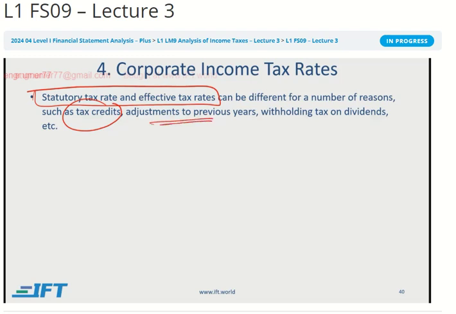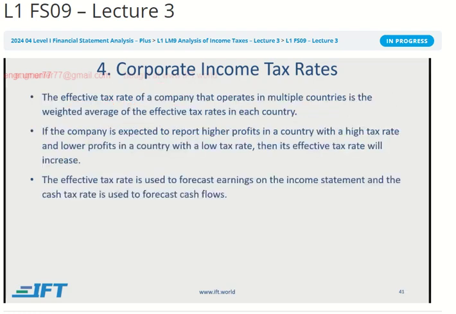Any kind of adjustments from previous years or withholding tax on dividends, etc., will also impact the difference between your statutory tax rate and your effective tax rate. But the main thing here is that permanent differences are the ones that lead to your effective tax rate being different from your statutory tax rate.